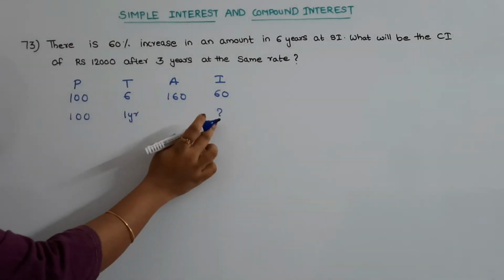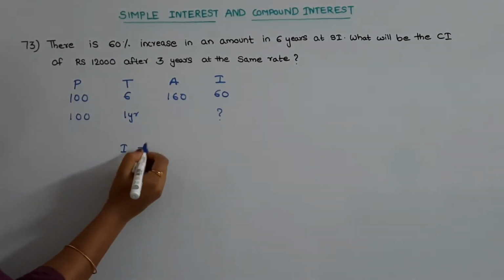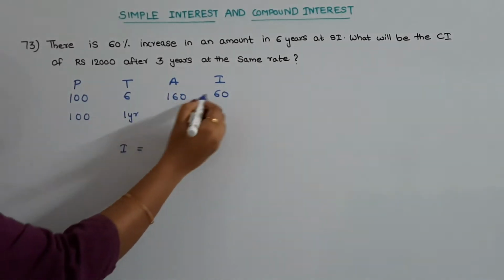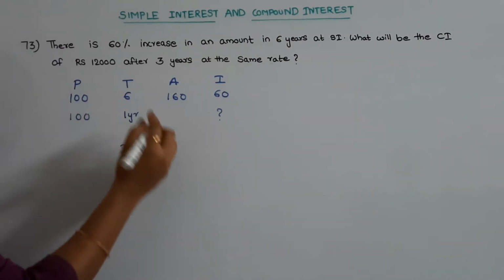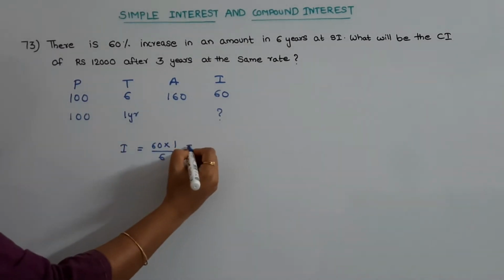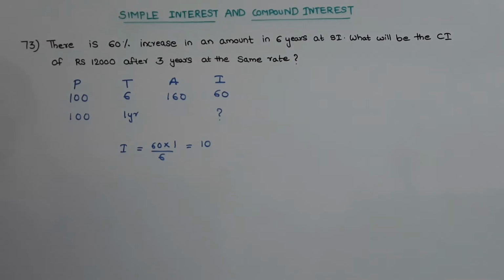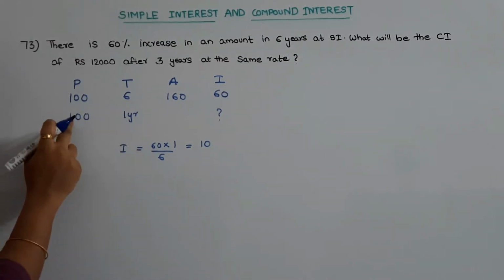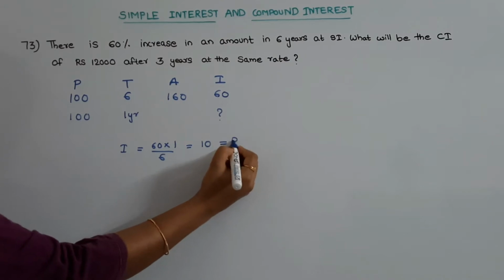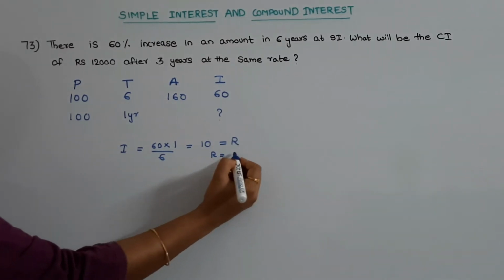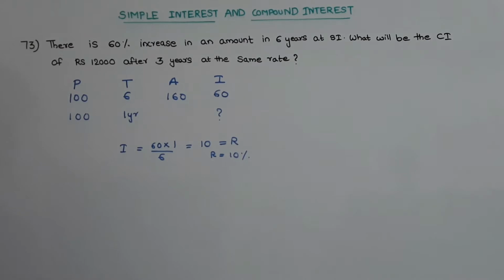So, we can find this interest by cross multiplying. So, 60 into 1 divided by this 6 will give you this interest. So, that will be equal to 10. So, when principal is 100 and time period is 1 year, interest is equal to rate of interest. Hence, rate of interest is equal to 10%.